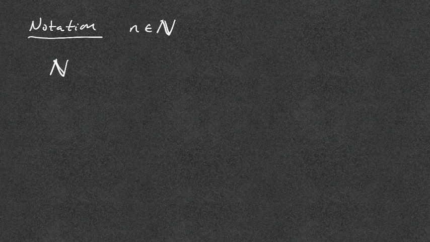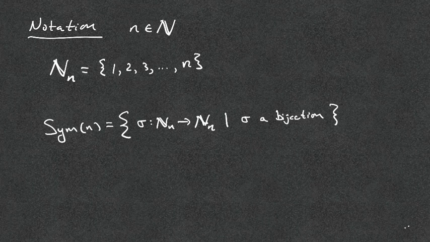So a little bit of notation. If we pick a natural number, little n, then we take the set capital N sub n, which is going to be the set of natural numbers less than or equal to n. Then our set S sub n will just be our set of bijections from N sub n to itself.